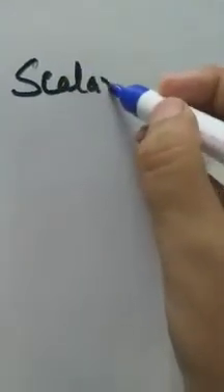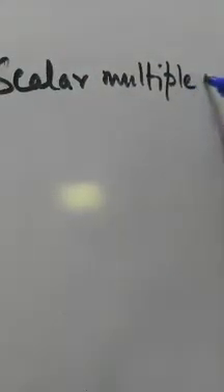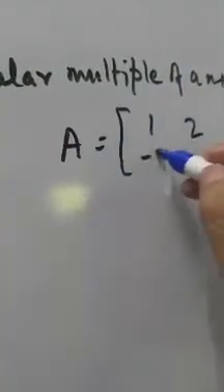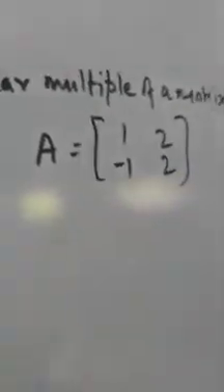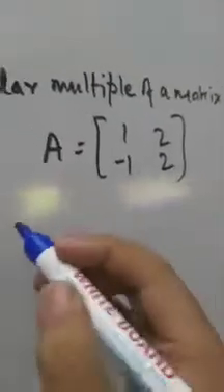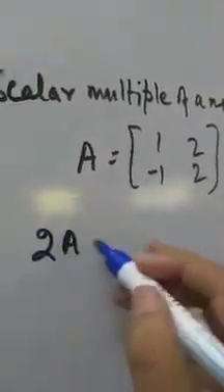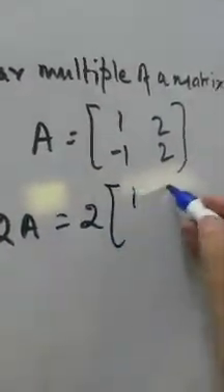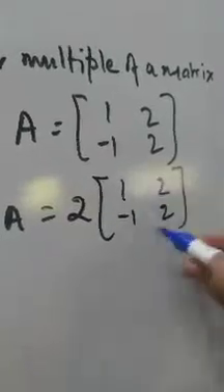Now let us take the scalar multiple of a matrix. Suppose there is a matrix A is equal to [[1, 2], [-1, 2]], a 2 by 2 matrix. And this matrix I am multiplying with 2. That means it is 2 into [[1, 2], [-1, 2]].